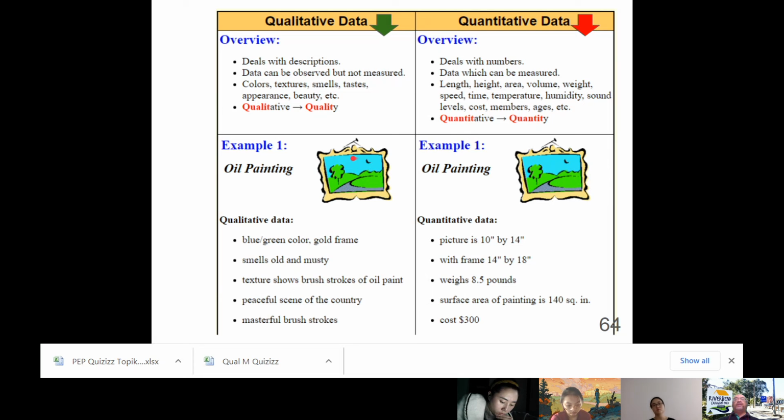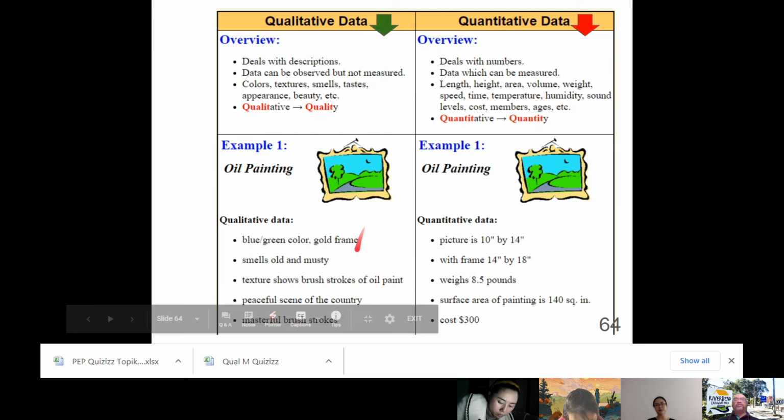You see the sky is blue and you see the scenery, a lot of greens here because there are many trees and grass. So blue and green. Another thing, just look outside the picture so you can see the frame. The color of the frame is gold, so gold frame.